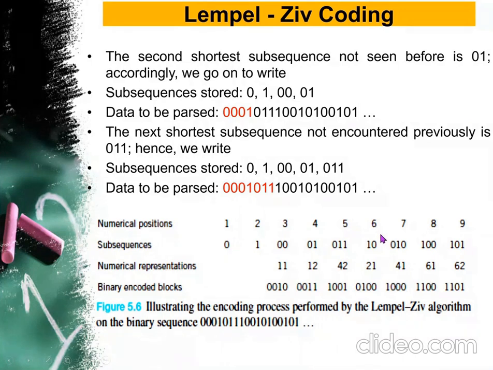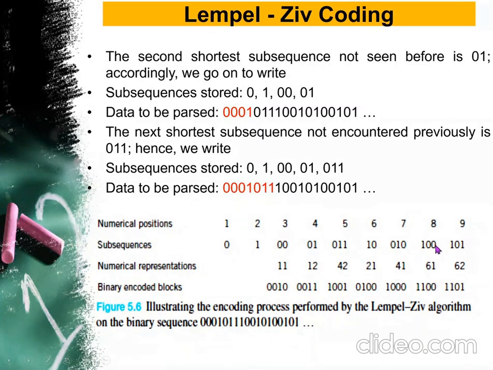Similarly, move ahead. At the 6th position, bit 0 should be written with its numerical position. So for 0, the position is 1, and for 1, the position is 2. So it comes 21. At position 7, consider the LSB. The position is 1, and the group 0, 1 is at position 4. So 4 is written here, and the numerical representation becomes 41.